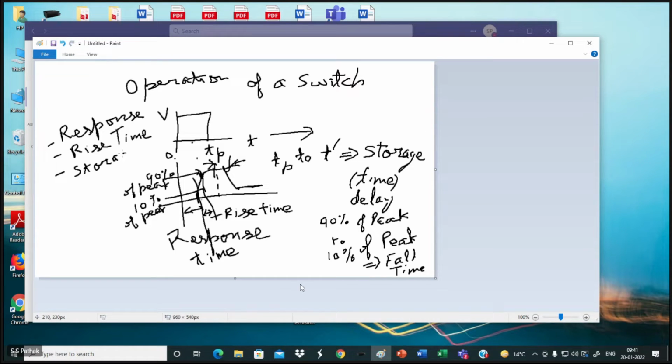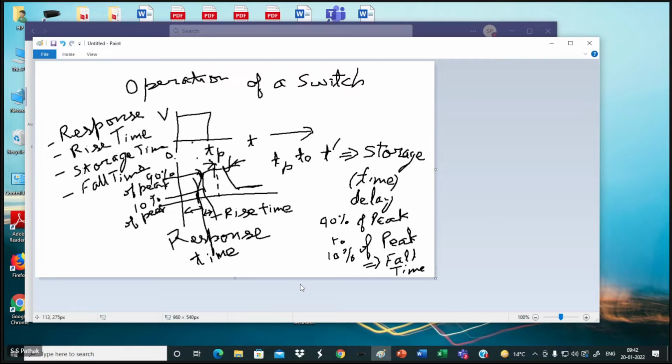After that, the storage time is there. Storage time. And then this is your fall time. So there is no confusion.